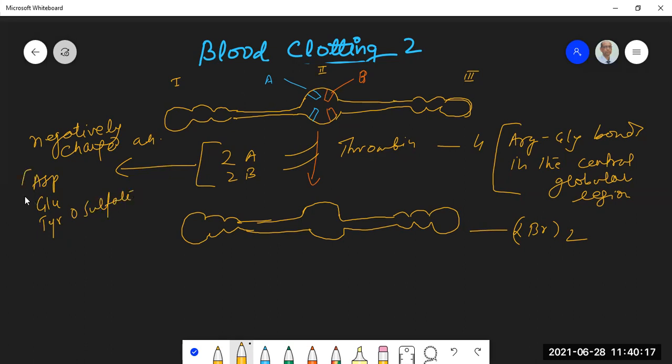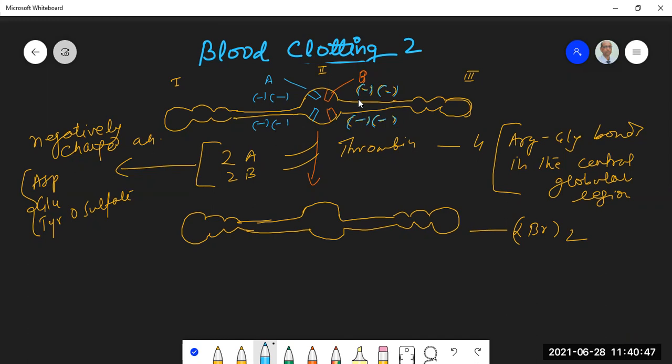So this is also negatively charged. Because of the presence of fibrinopeptides, the whole fibrinogen molecule has a net negative charge.